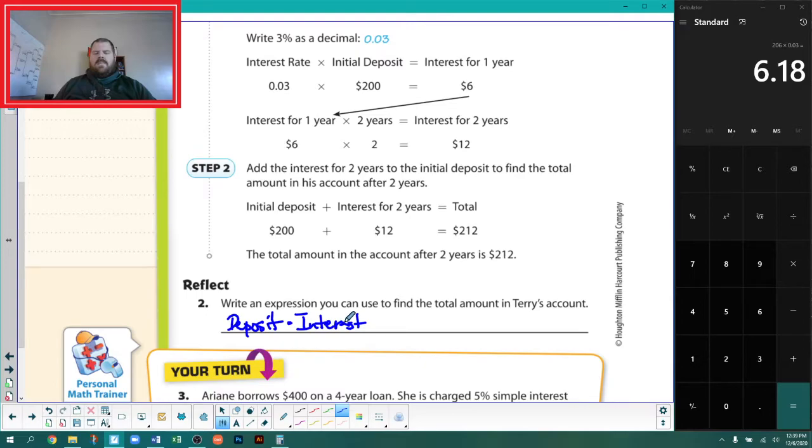So initial deposit times interest. And then we took that amount and multiplied it by 2, or the number of years. And so we would do all that, and then we would add our initial deposit. So that's just kind of a recap of everything we did.